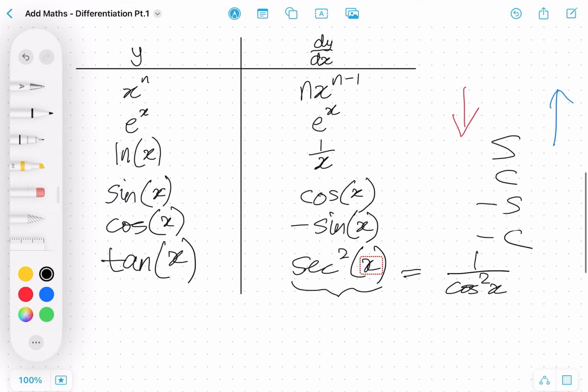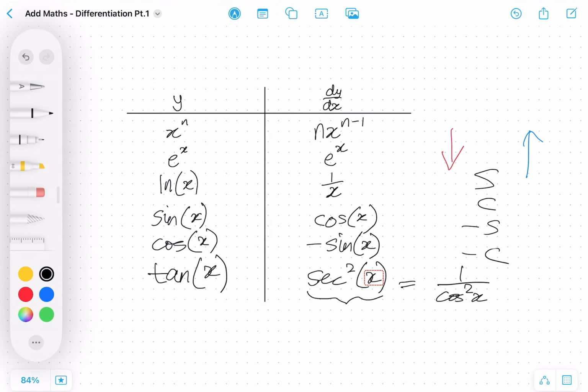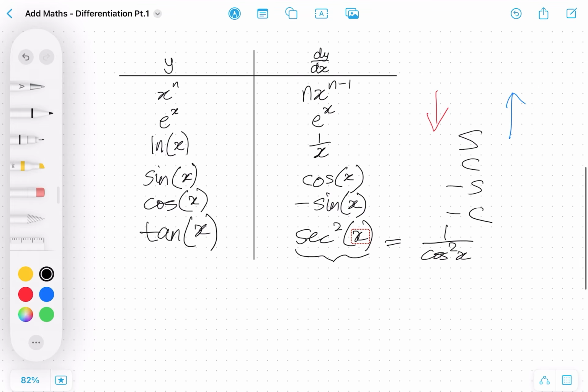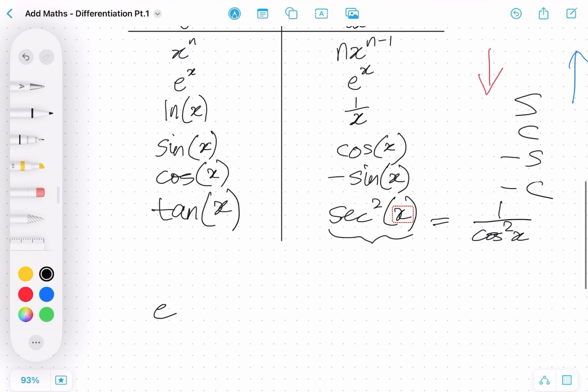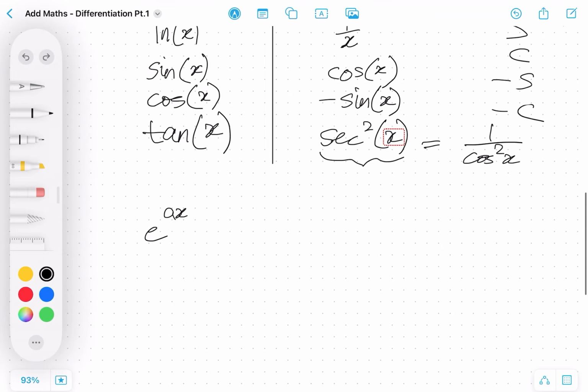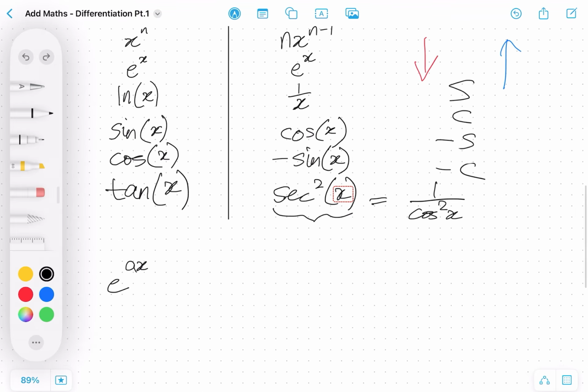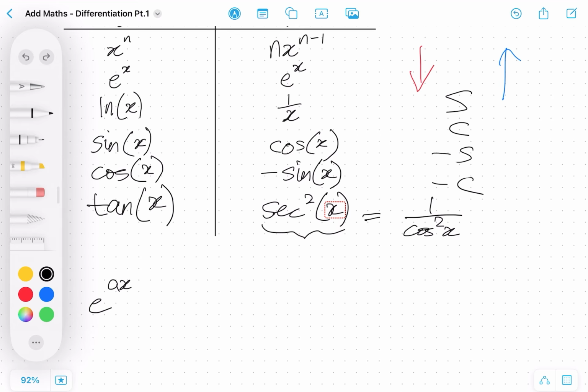Now you might be thinking, how about if we have a constant in front of the x within the function, for example e to the power of ax. The way we do this is by using something known as the chain rule.